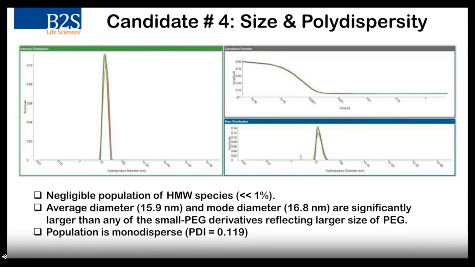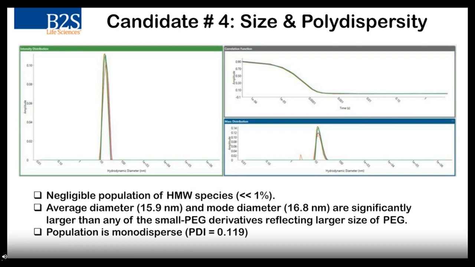And then moving on to candidate 4, you can see that the intensity distribution shows essentially no high molecular weight species. The mass distribution peaks all overlay really well, and the correlation function overlays pretty much perfectly.